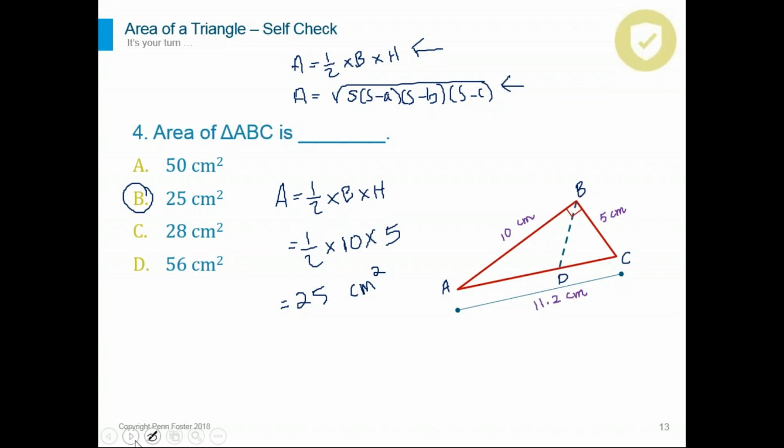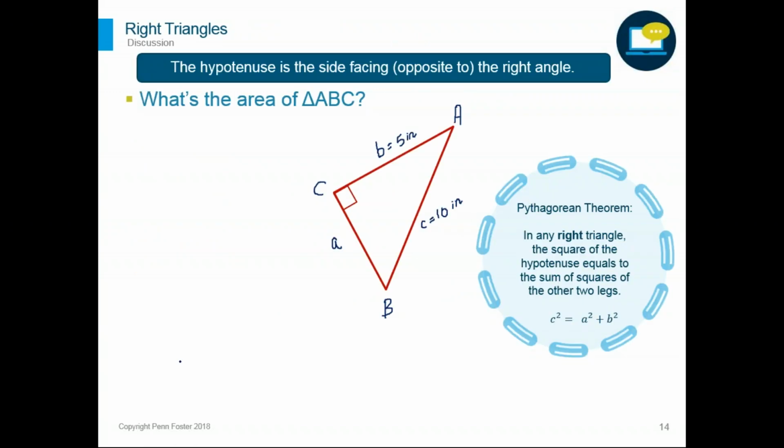Okay, let's move on to right triangles. Whenever you hear the word right triangle, you always think about the Pythagorean theorem. This is so special to only right triangles, and it's only true if the triangle has one right angle. Pythagorean theorem says that in any right triangle, the square of the hypotenuse, which is the side facing the right angle.